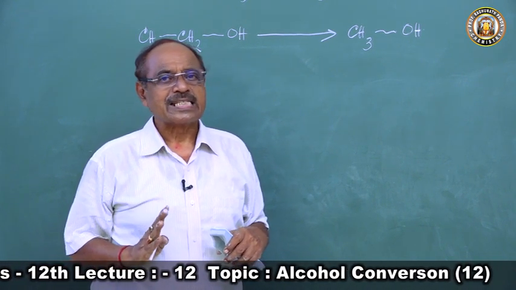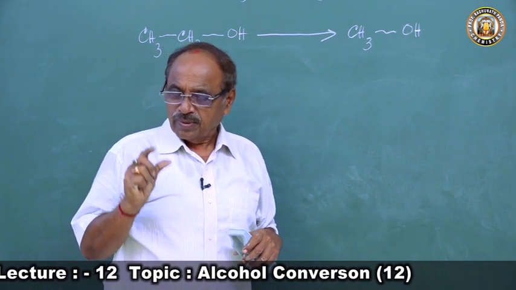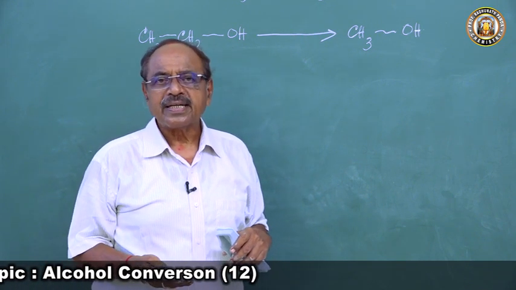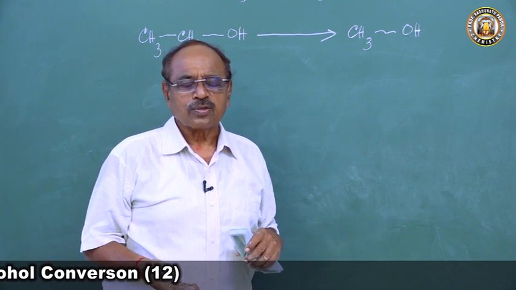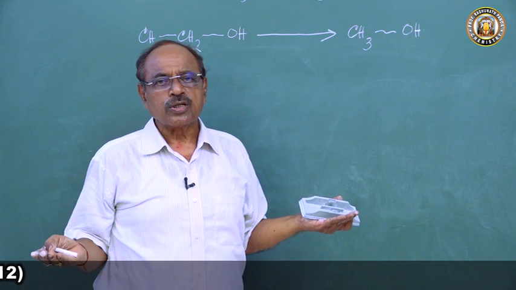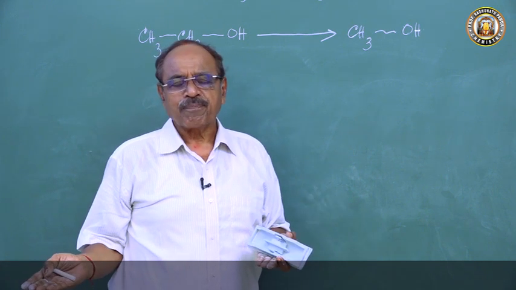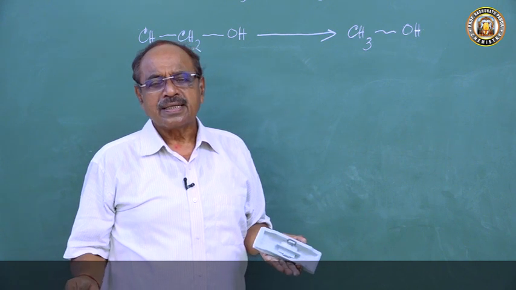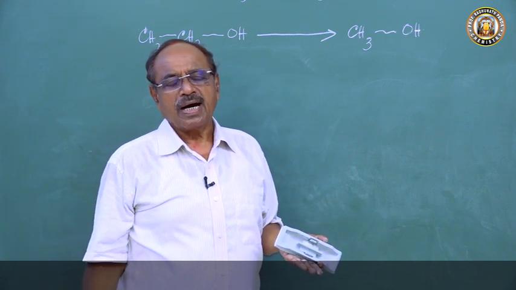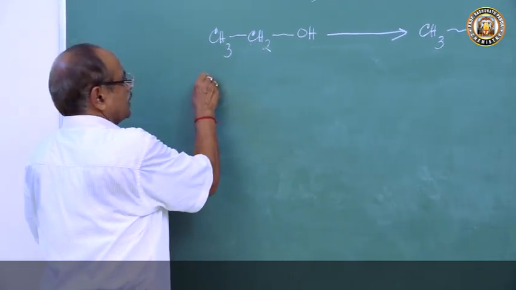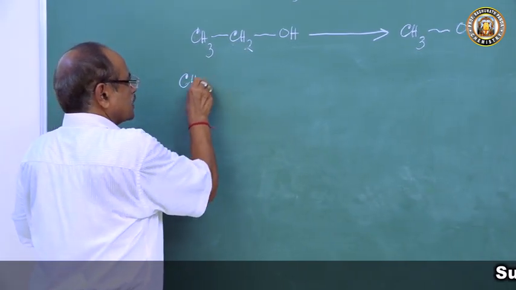So we will take ethyl alcohol, convert that to acetaldehyde, then to acetic acid, then with sodium hydroxide get sodium acetate, heat with soda lime to get methane, then chlorine gives methyl chloride, then hydrolysis gives methyl alcohol.